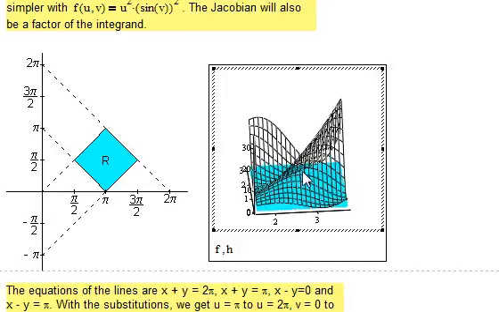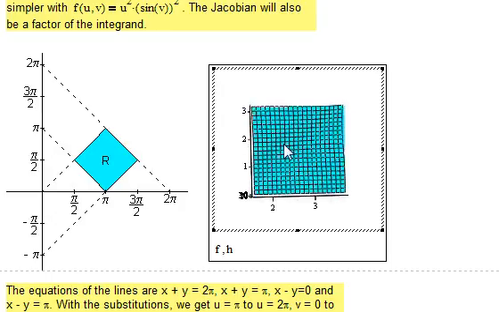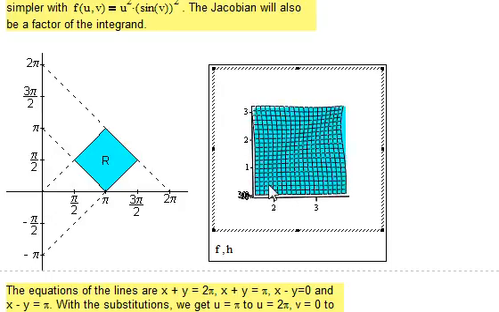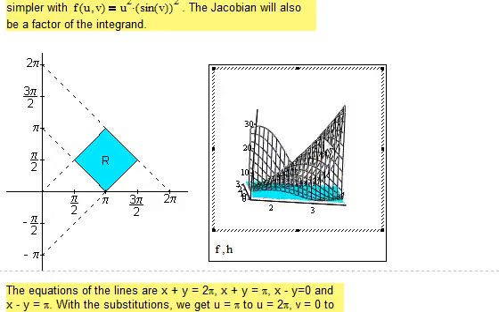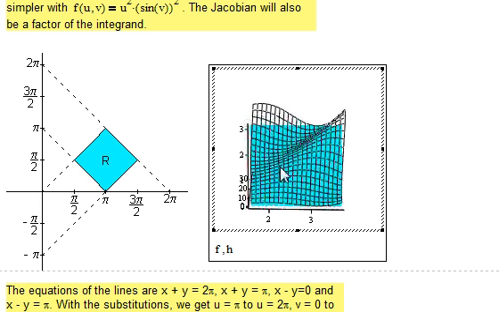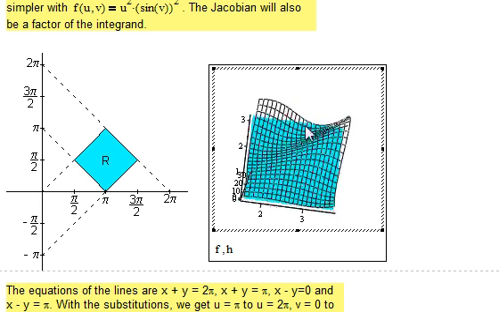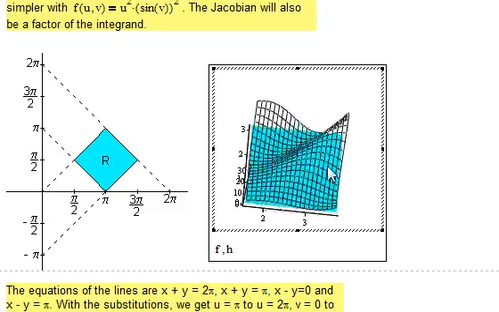So what we're going to do is actually find, if you can imagine the diamond over here in the same position as this is in, and by the way, notice how high up this function gets in a few places. What we're going to find is actually the volume underneath this goofy looking surface and above this diamond in the xy plane.